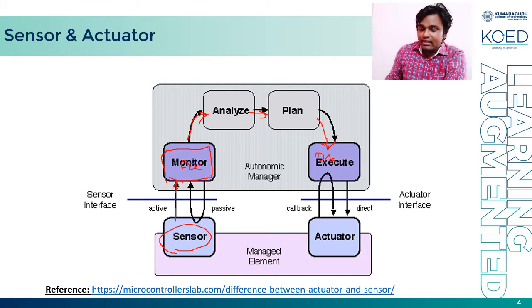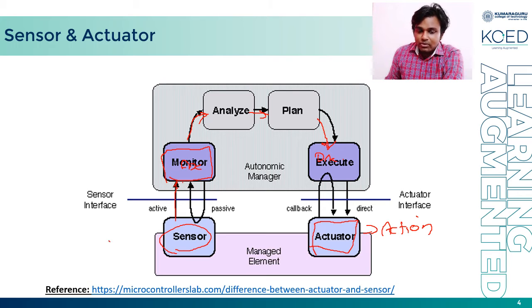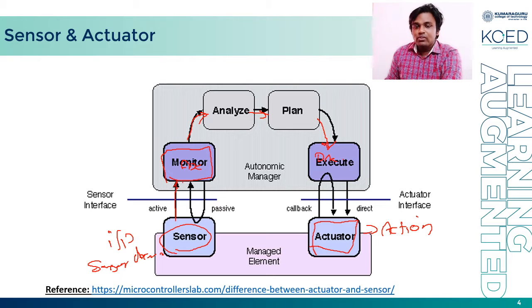The analog data is then fed to the actuator so that the action will be performed. The action is performed based upon the input sensor data. So this is what the system is actually doing.